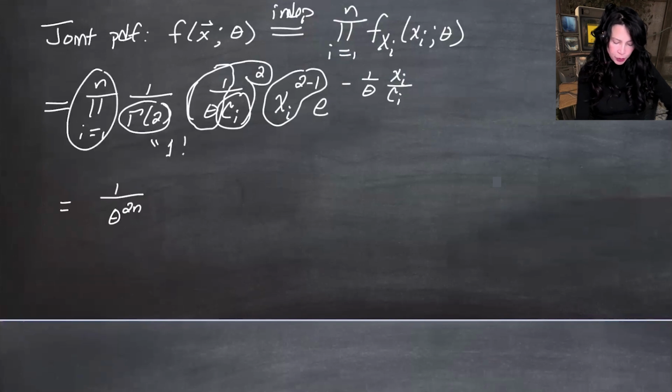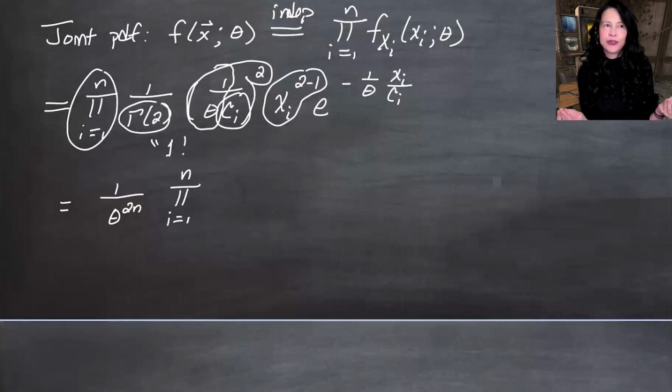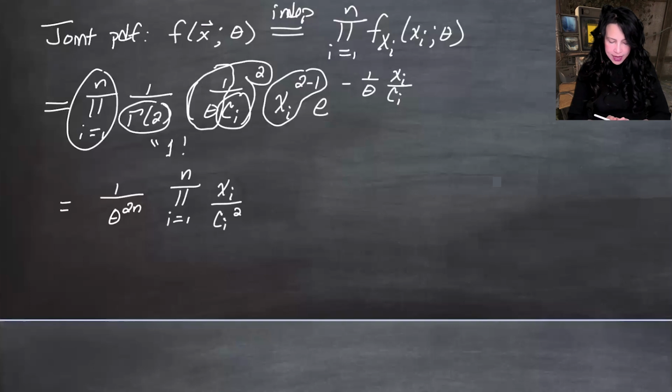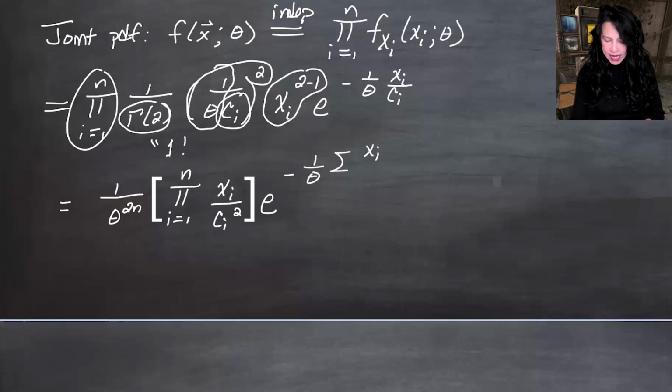So I'm going to take the product of those and write that as a little chunk: the product as i goes from 1 to n of that. I think we already did this when finding the MLE, but since we're dragging this problem over two lectures, maybe it's not a bad idea that I write it again. And then finally, the e part, when I multiply those, I get e to the minus 1 over theta, the sum of the xi over ci.